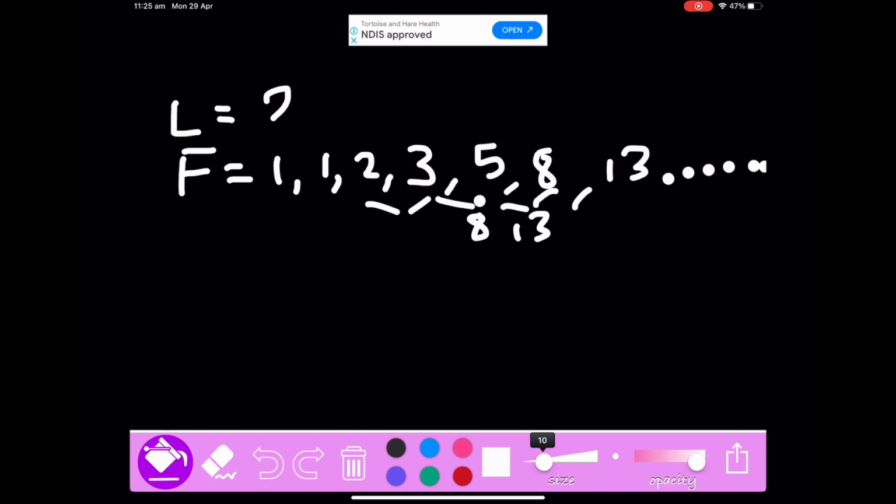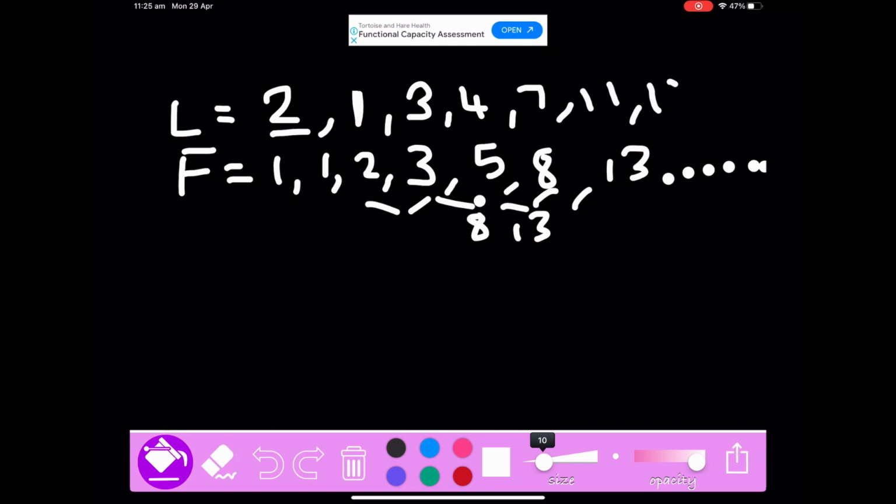In the Lucas sequence, however, we start with 2 instead of 1, 1. So 2 plus 1 would equal 3, 1 plus 3 would equal 4, 3 plus 4 would equal 7, 4 plus 7 would equal 11, 7 plus 11 would equal 18, and so on.